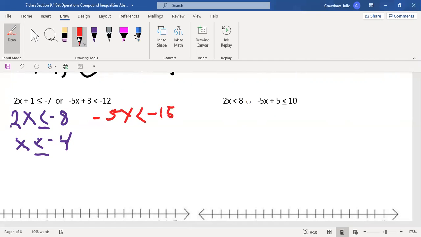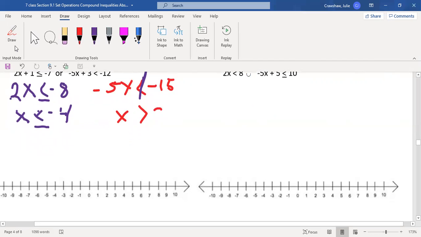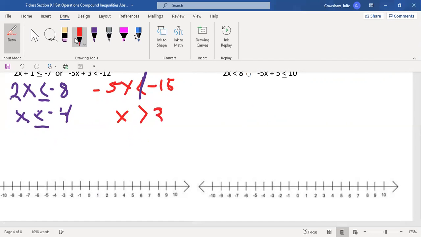And then I'm going to divide by a negative number, so I'm going to flip that sign. And I'm going to have x is greater than a positive 3, because negative 15 divided by a negative 5 is going to give me a positive 3.